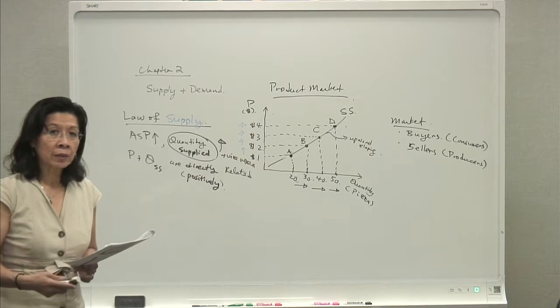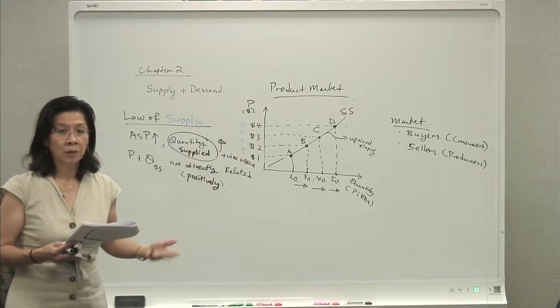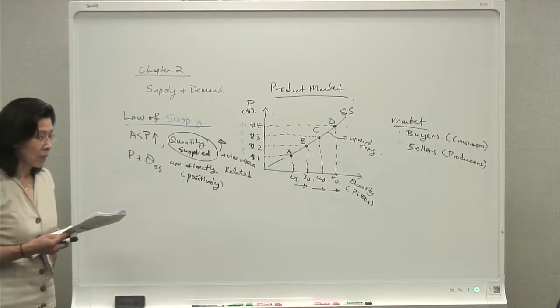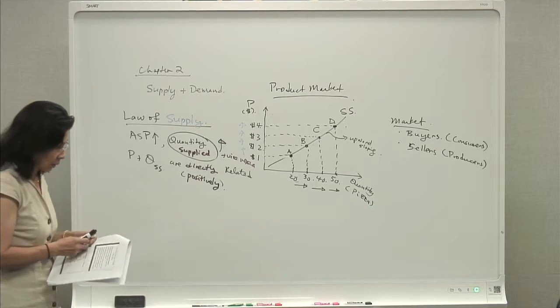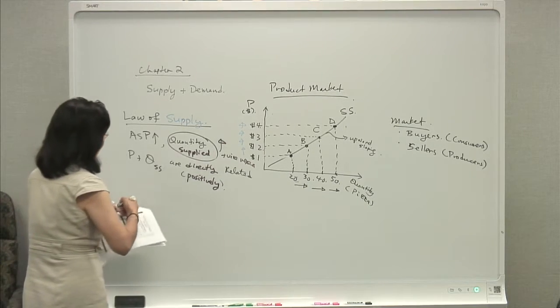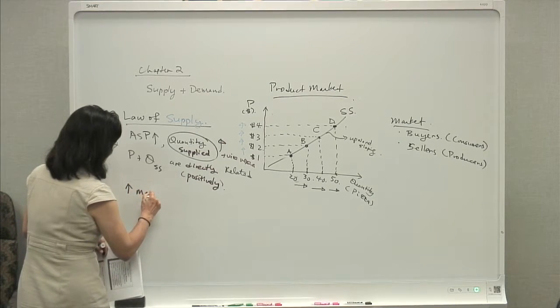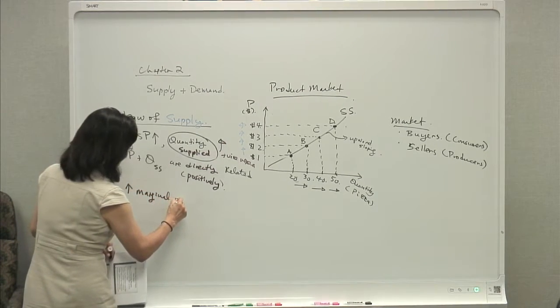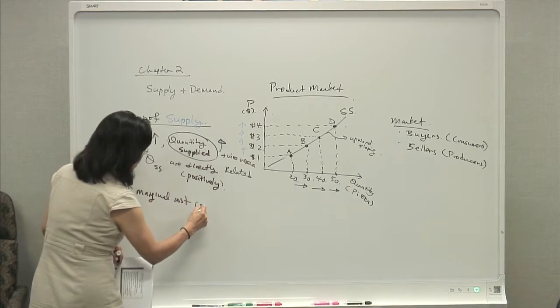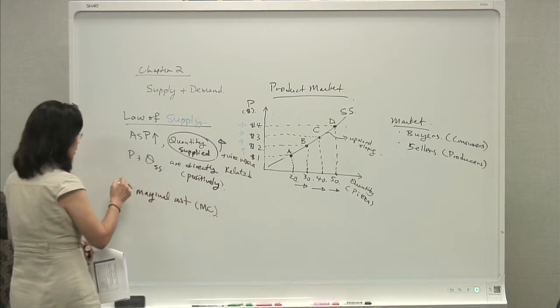So another way that your textbook, or principles of economics, would explain it is what we call increasing marginal cost. And that's your MC, which you will later study as well.